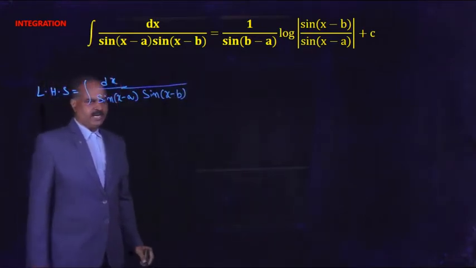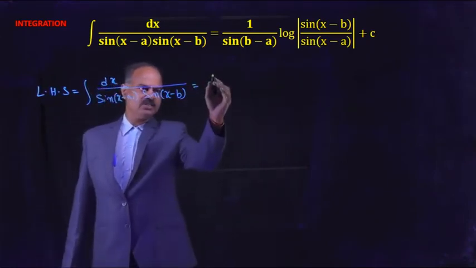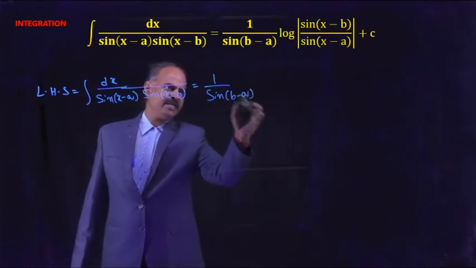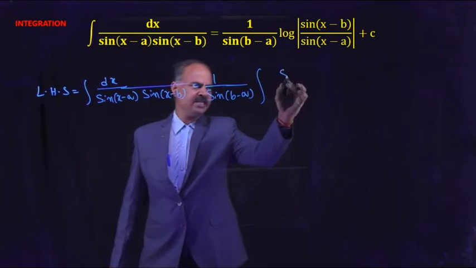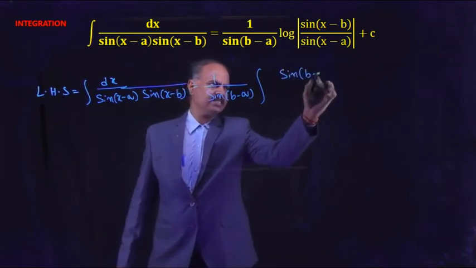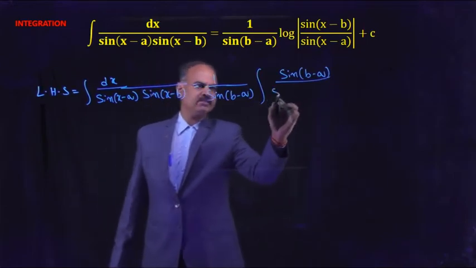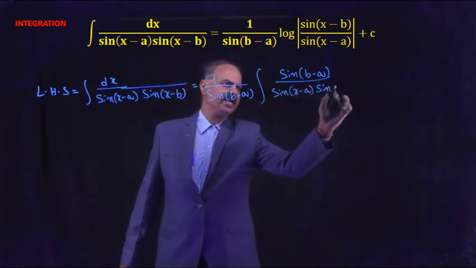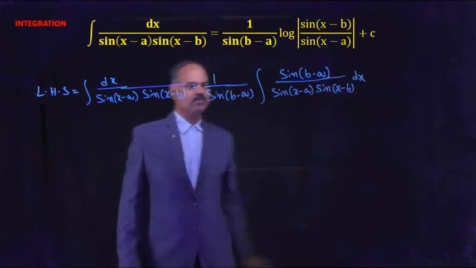Now here multiply and divide by sin of (b minus a). Now this equals 1 by sin of (b minus a) into integral sin of (b minus a) divided by sin of (x minus a) into sin of (x minus b) into dx.